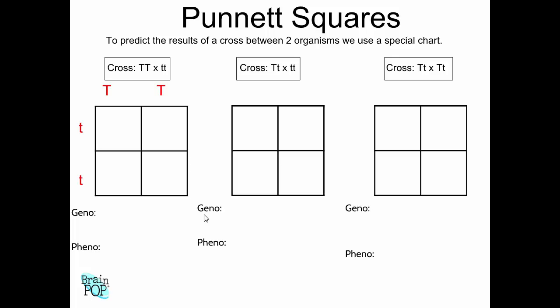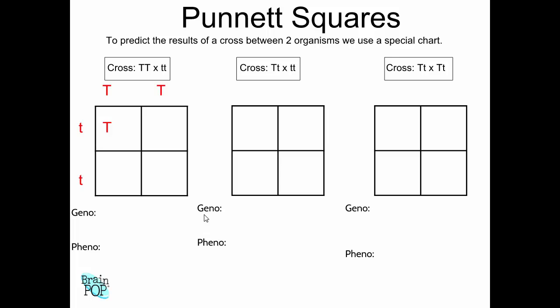And then the other parent goes along the side. You keep both letters for each parent on the same side. Then you take the letter from the top and the corresponding letter on the side, and you bring those together in the box.